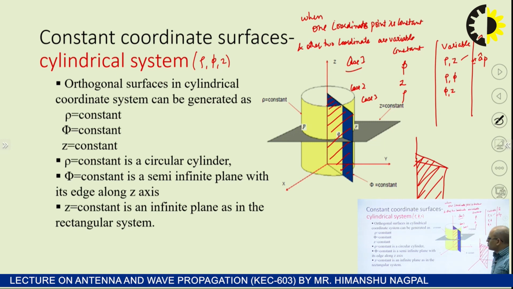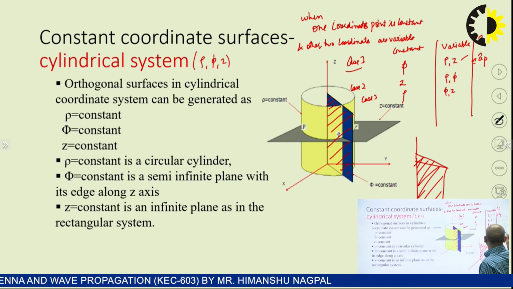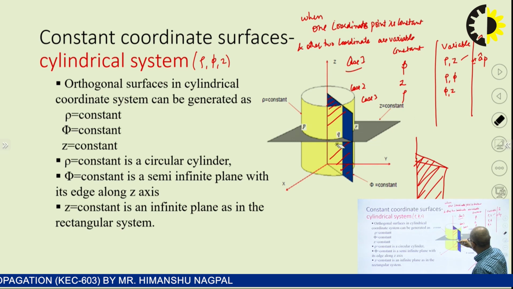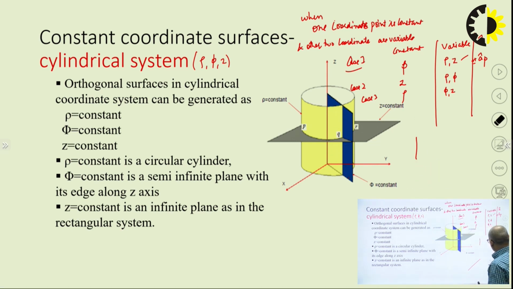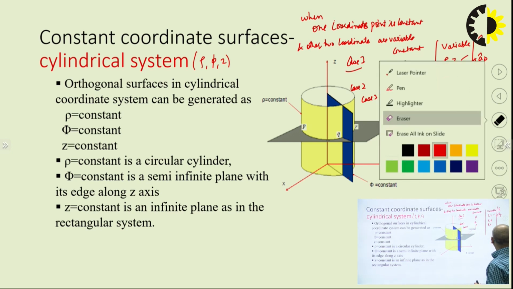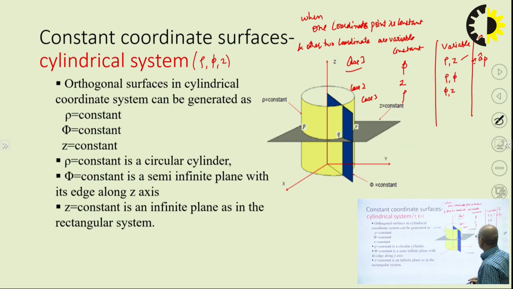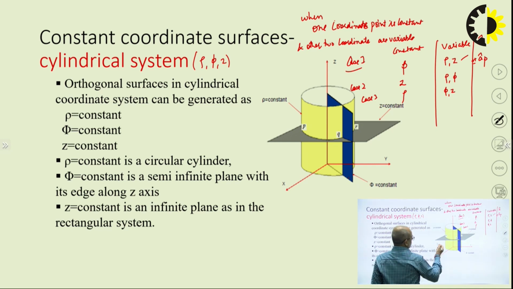Now case 2. Let's say z is constant. If z is constant, rho and phi are the variables, so you will get what?